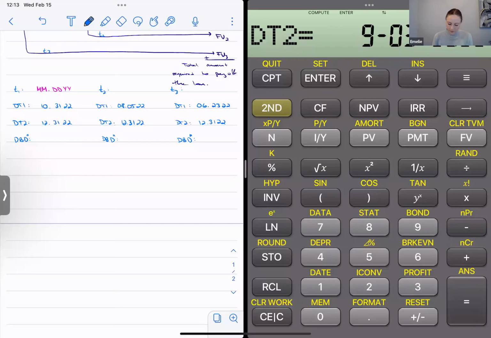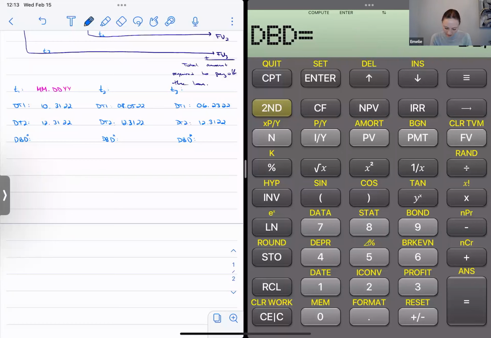Date 2 is the one that's going to stay the same, 12.31.22. You want to make sure that it's right. Enter. Now I'm going to scroll down, using these up and down arrows to move between the lines, to days between dates.